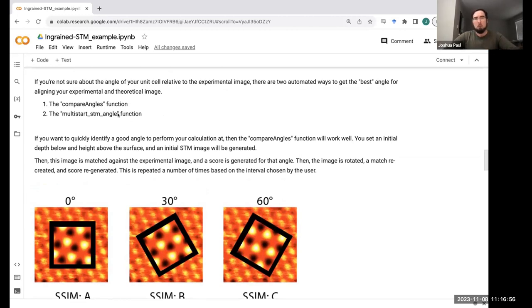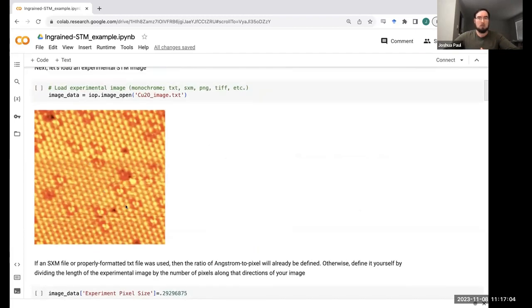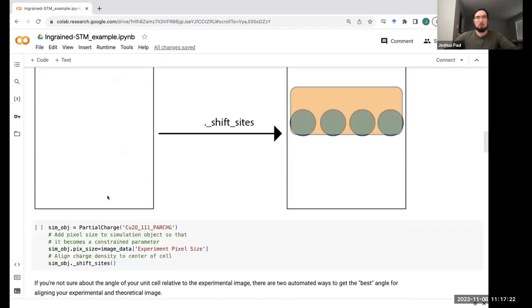But again, I recommend you speak with your experimental collaborators and discuss what the orientation is of the substrate in your experimental image, and then line up your surface such that it has the same orientation for the theoretical image as your experimental image. That'll save computation time, that'll increase accuracy, it'll improve the synergy between experimental and theoretical efforts.